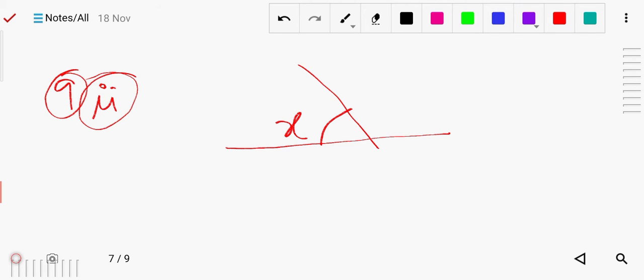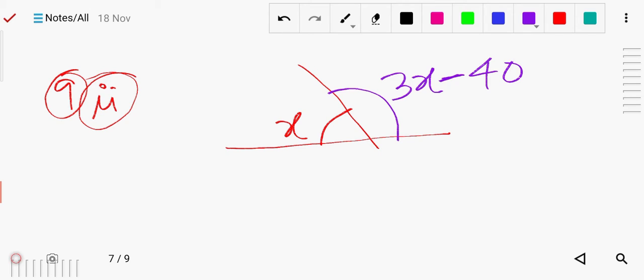And it is saying that the larger angle is 3 times the smaller angle, so 3 times is 3 into x, and 40 less, less means minus 40. So this is the second angle, and their sum will be 180.